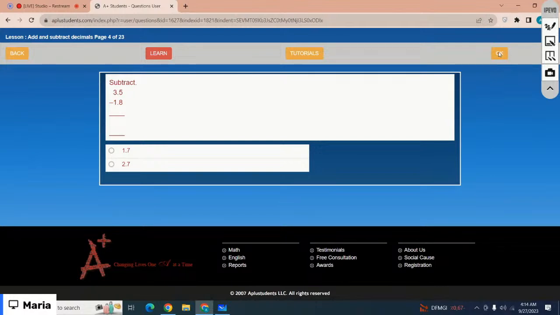So, which is the correct option? You cannot subtract 5 out of 8, right? So, you have to borrow 1.